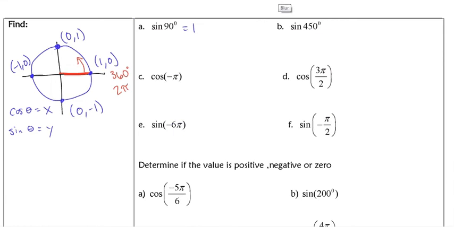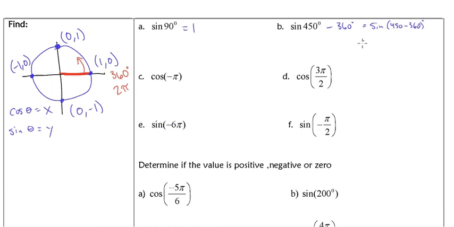And sine of 450. Now that goes past 360. If you went all the way around 360 degrees, then to get to 450 you're going an additional 90 degrees. So you might want to first think of this as, well, let's subtract 360 degrees. So this is really asking, what is the sine of 450 minus 360 degrees?